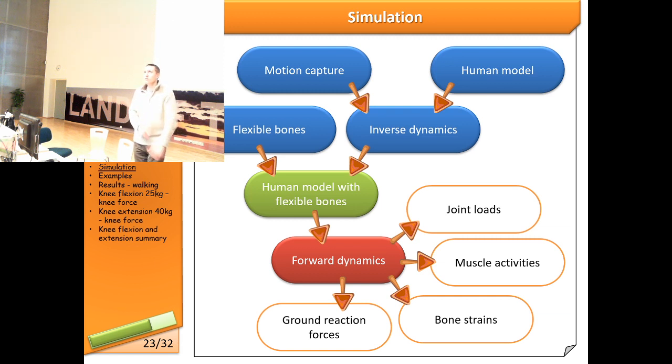You cannot put a strain sensor on the muscle somewhere and measure what kind of force it's producing. It's rather impossible. So if you can simulate the muscle forces and get them, this is really important information. And you get joint loads, which are also quite nice from the perspective of diagnostics and checking, for example, performance and limits of endurance of your bones and your whole body.